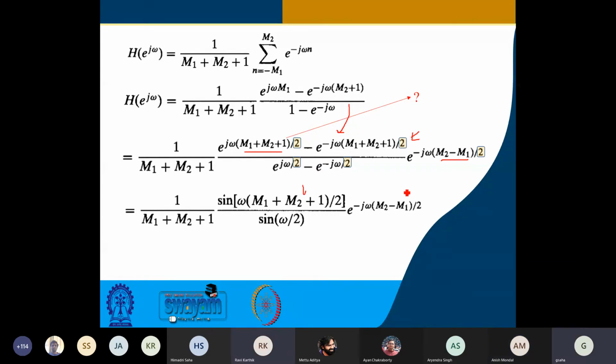So this e to the power j omega by 2 and e to the power j omega by 2, so that is there in the denominator also, that cancels out. Okay, now I understand. So right, and the 2 of course is there. This is intentional. We want it to be like this.